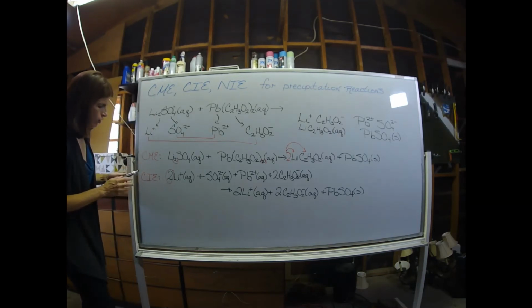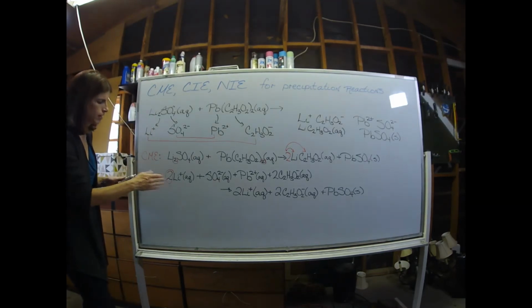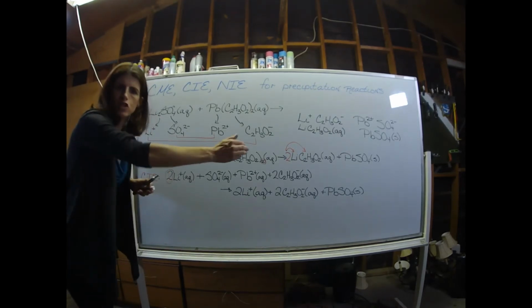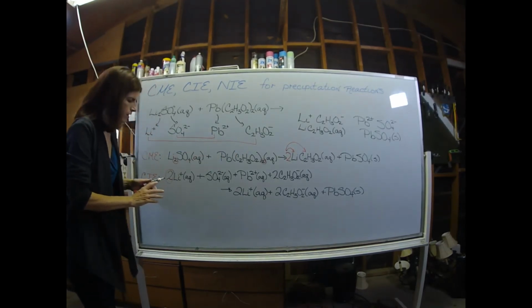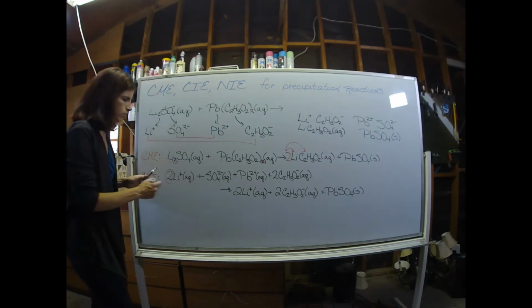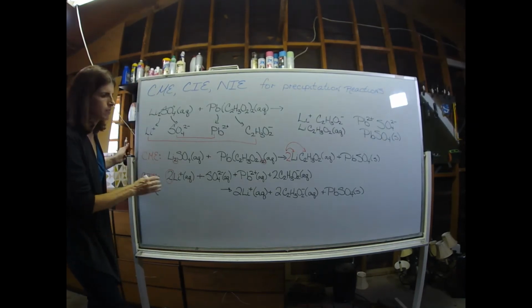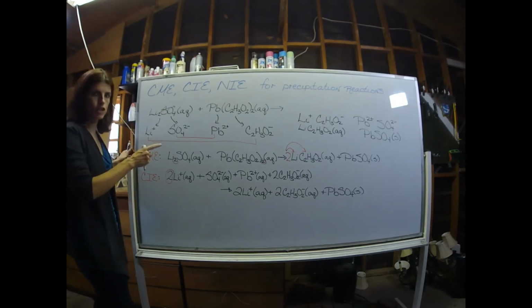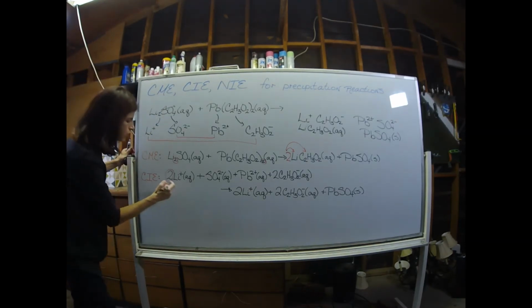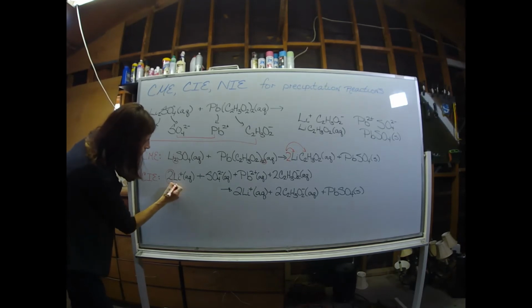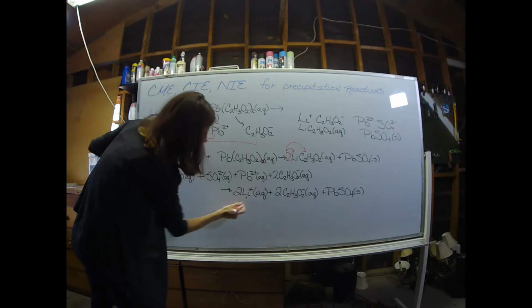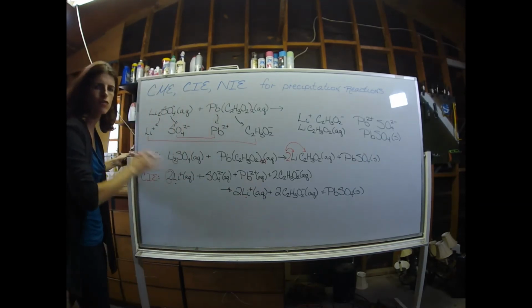Now, I don't want to cross out my spectator ions in my complete ionic equation. The word complete, right, we need to show everything, including the spectators. So I'm just going to put maybe a little dot underneath them to point them out. And then I'll rewrite my net ionic equation without the spectators. So lithium. Lithium is a +1 over here and a +1 over here. So spectator, didn't change forms, didn't hook up.